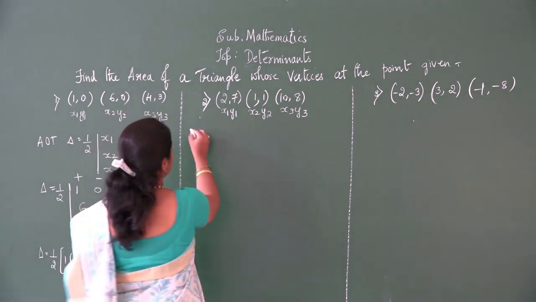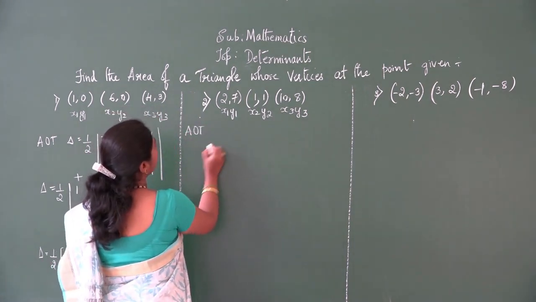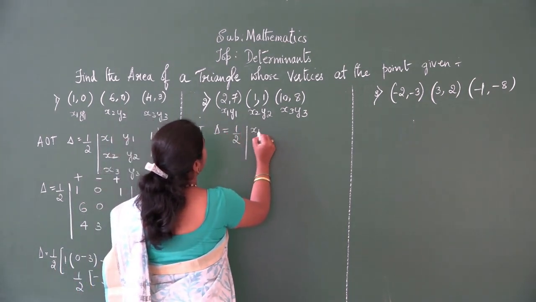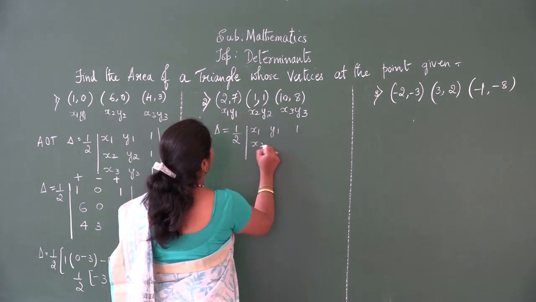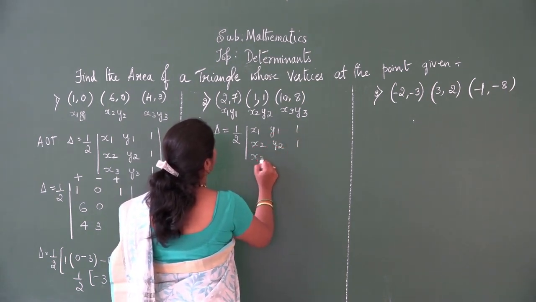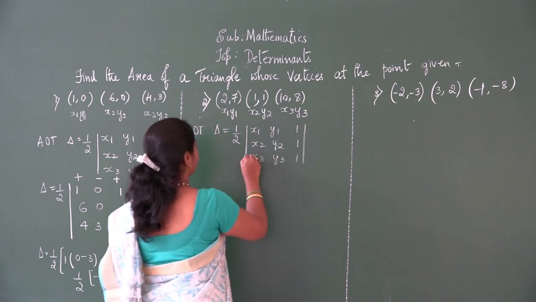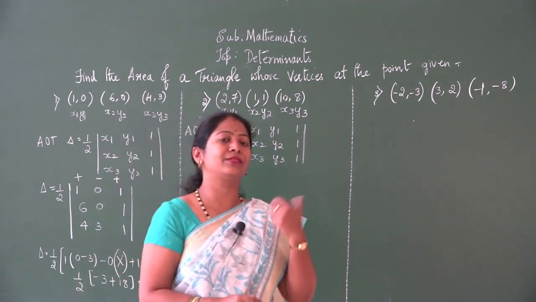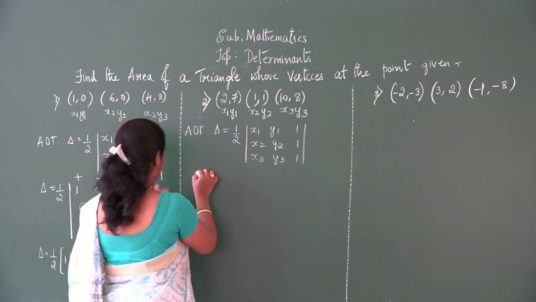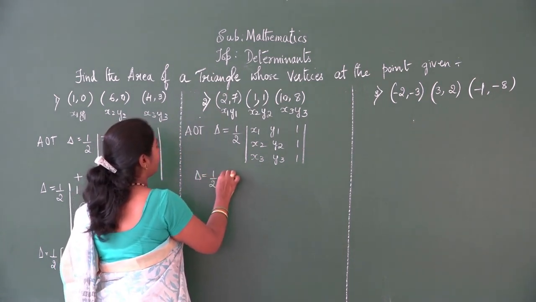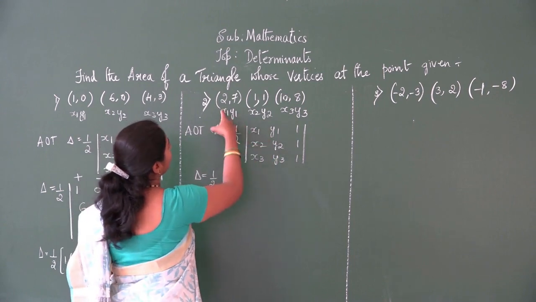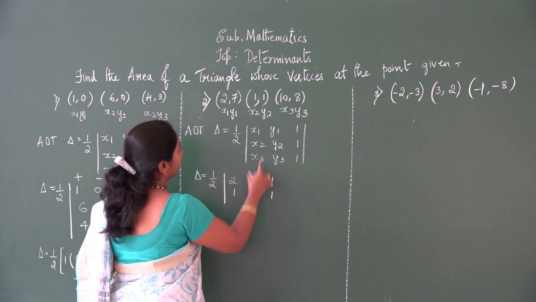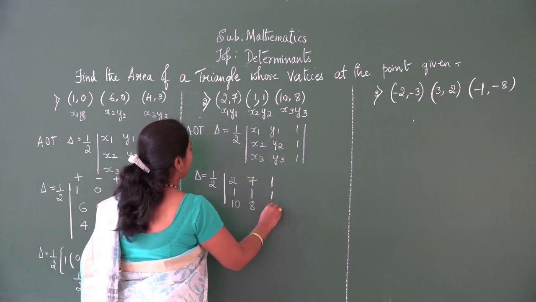Area of a triangle is given by delta is equal to half into determinant of x1, y1, 1, x2, y2, 1, x3, y3, 1. So now substituting the values in the given determinant, we get delta is equal to half into, x1, y1 is nothing but 2, 7, 1, 1, 1, 1 again, and the last points are 10, 8 and 1.